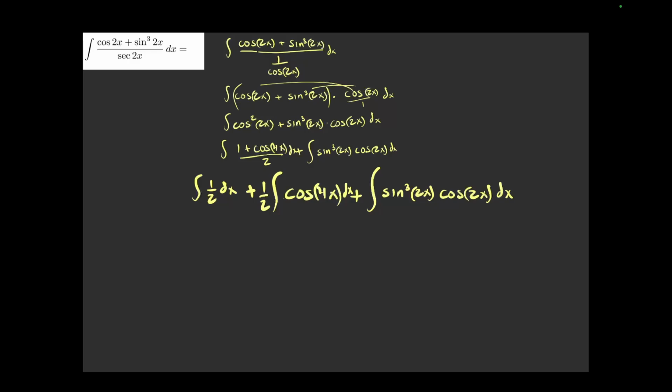Right here, we can probably do a u sub. That way, if we do a u sub of sine, we can probably get a cosine.